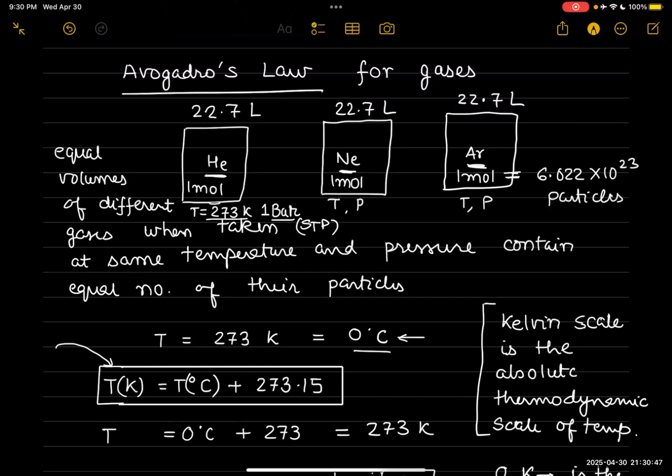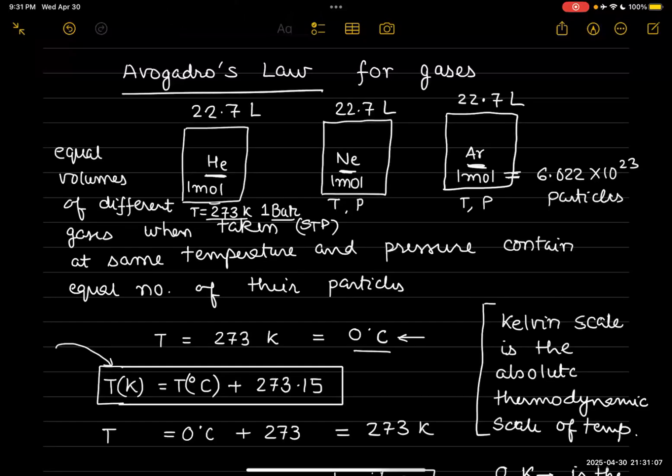It is just like a dozen. We have studied that. Dozen means 12 particles. So mole means 6.022 into 10 to the power 23 particles. So all gases, if they have equal volume at the same temperature and pressure, will have an equal number of particles.